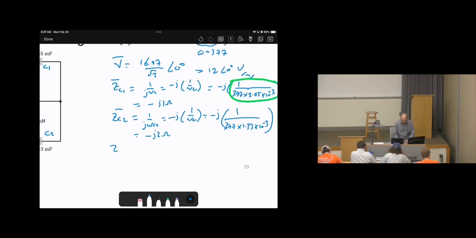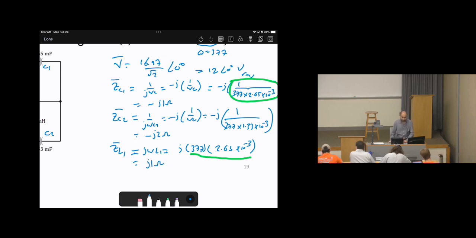Then the last element, the inductor ZL1, which is j omega L1, so j times 377 times L1. L1 is given as 2.65 times 10 power negative 3, because it's milli. Then just substitute inside the brackets. You don't need to substitute j in the calculator. The answer will be 1, so it will be j1 ohm.